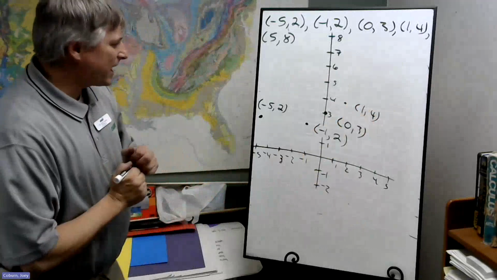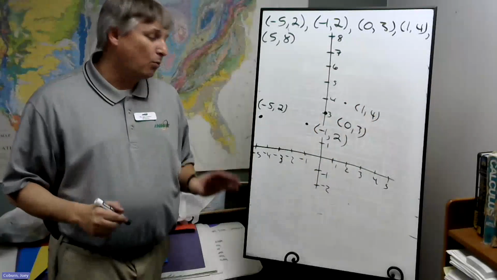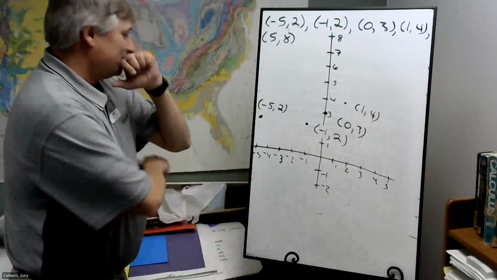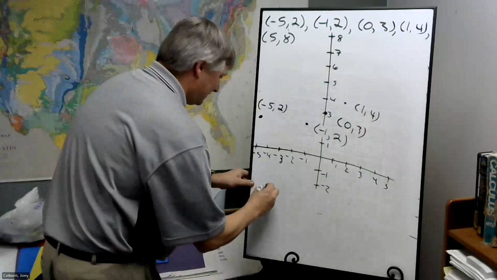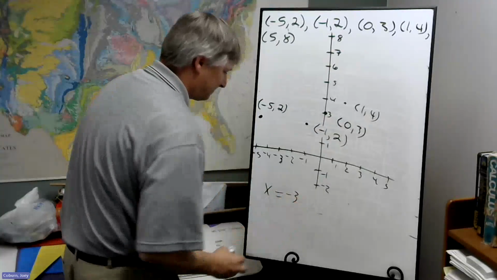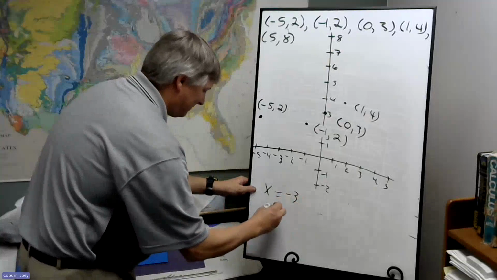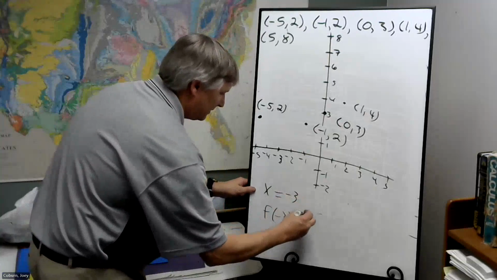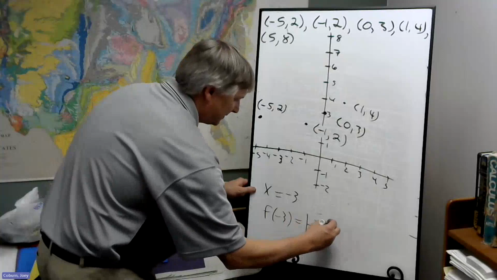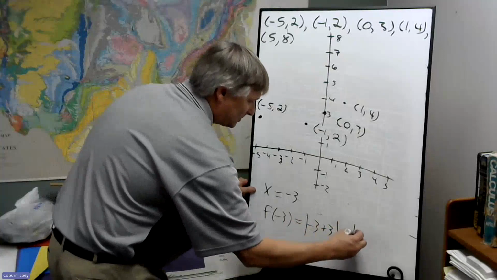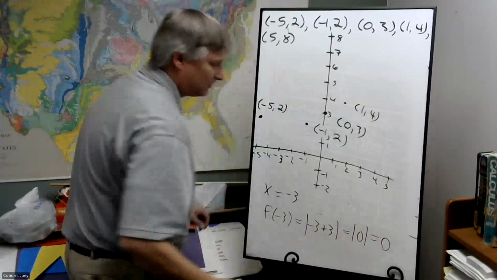And to give this a more accurate shape, I'm going to come up with one more point. Suppose we do this. Let x equal negative 3. So f of negative 3 is the absolute value of negative 3 plus 3, which is the absolute value of 0, which is 0.